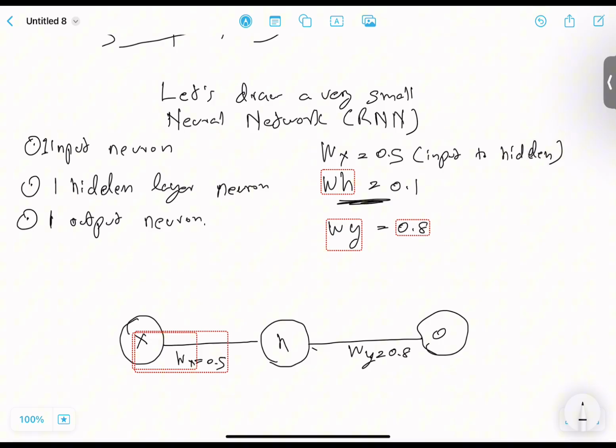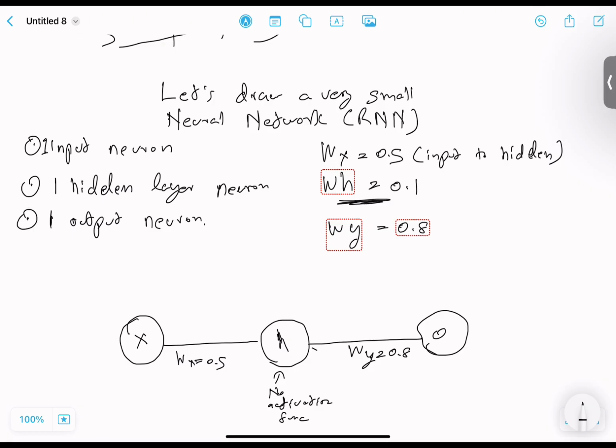For now let's assume that we don't have any activation function in this hidden layer, just for simplicity. Our input will go through this 0.5, and after that it will go through this 0.8 weight, and it will do some prediction.